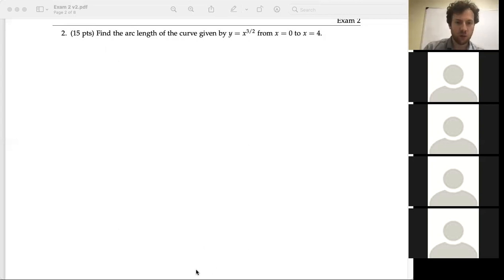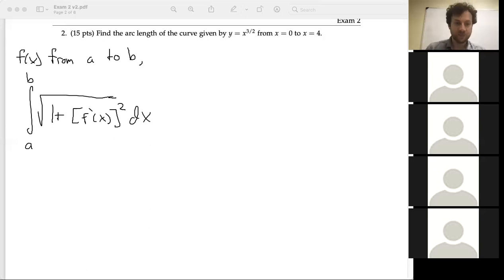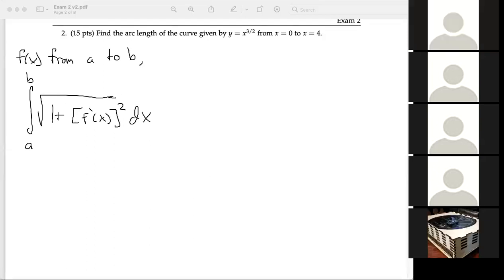So the arc length formula is, for some function f of x, some curve from x equals a to x equals b, the integral from a to b of the square root of 1 plus the derivative all squared. Okay. So then this is what we're going for.